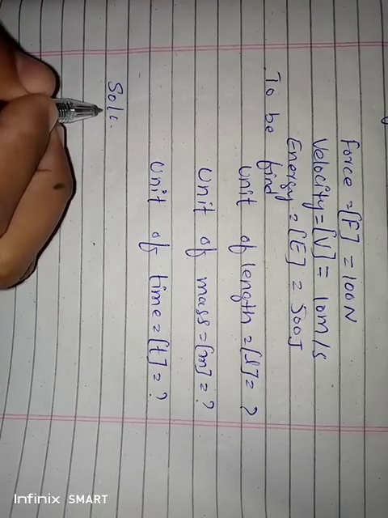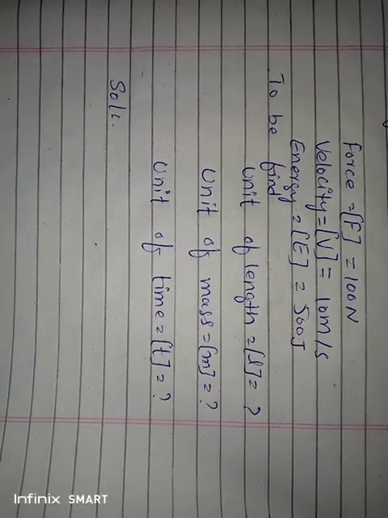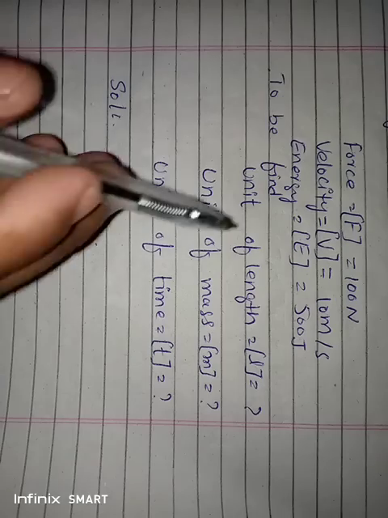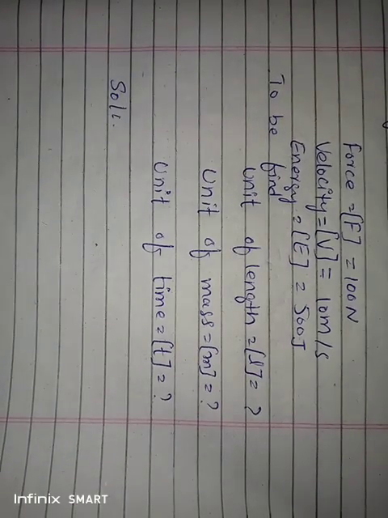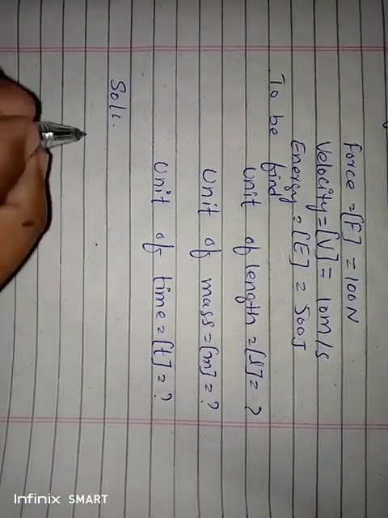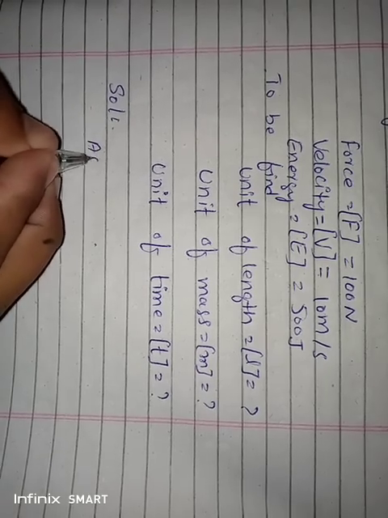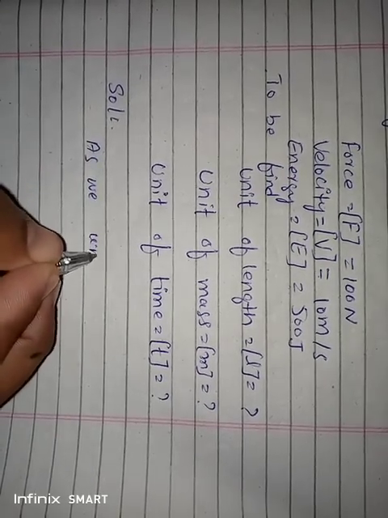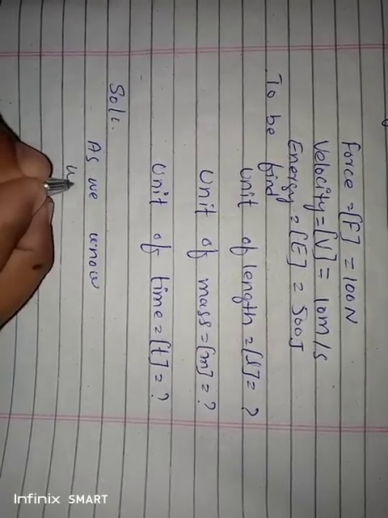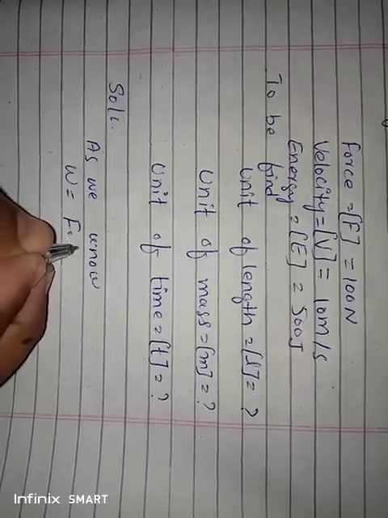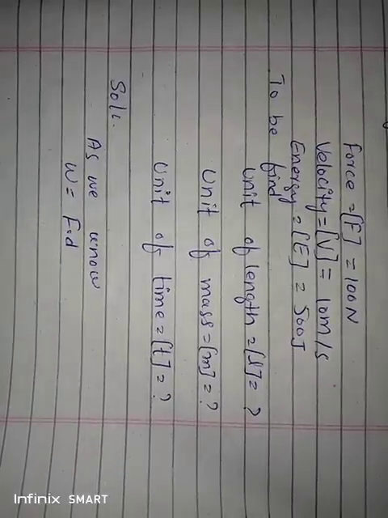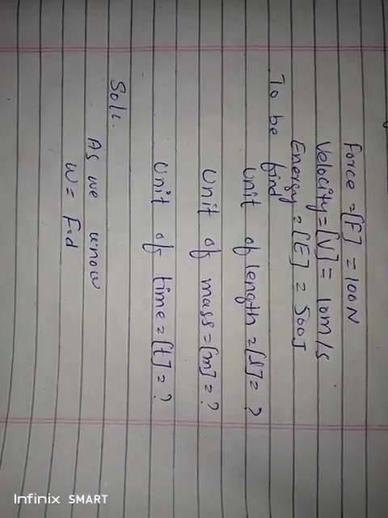First of all, we have to find length. As we know, work W is equal to F dot D. This is the simple equation for work.